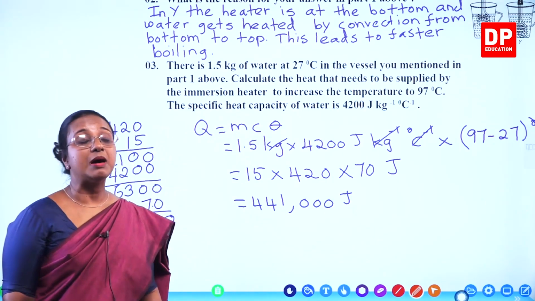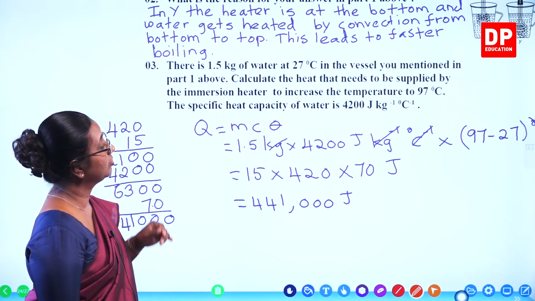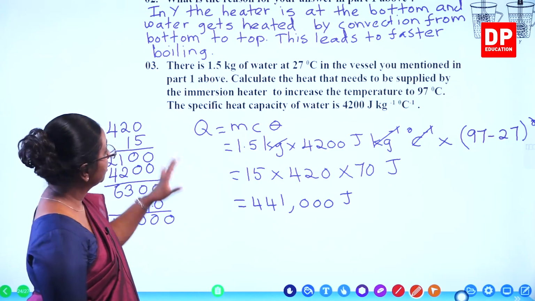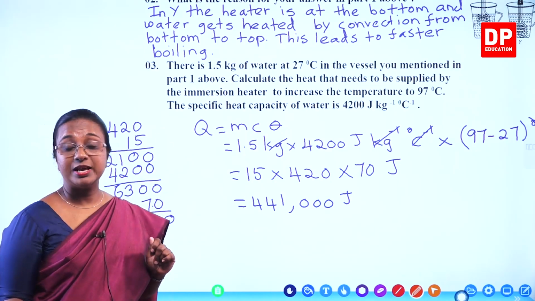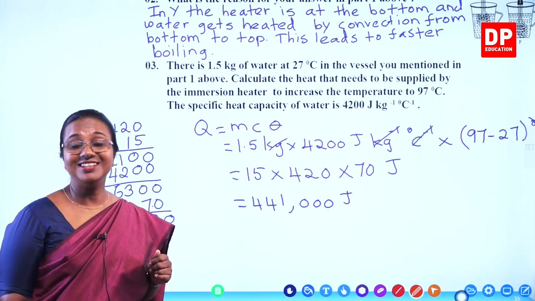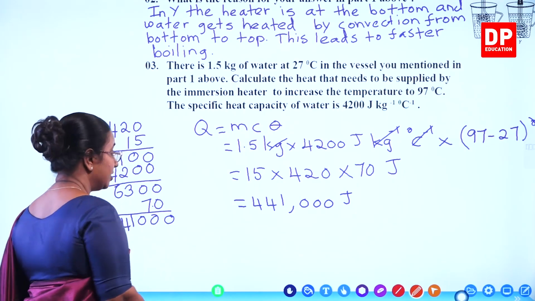That is the amount of heat that needs to be supplied by the immersion heater to increase the temperature to 97 degrees Celsius. So I am sure students, you were also able to answer this question correctly. You would have done the calculation correctly. So with that, I will move on to the next question.